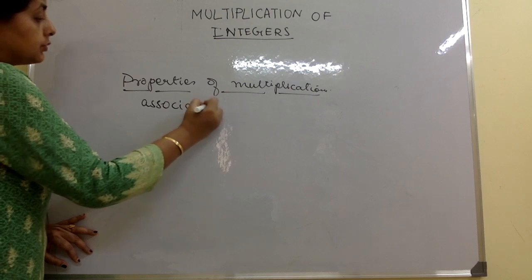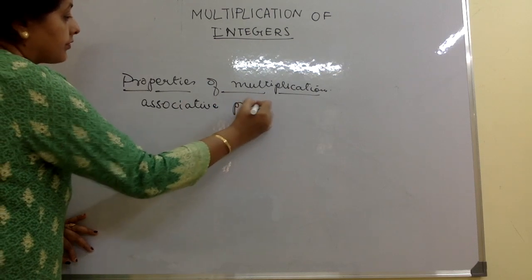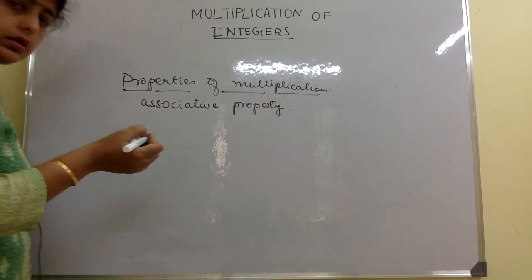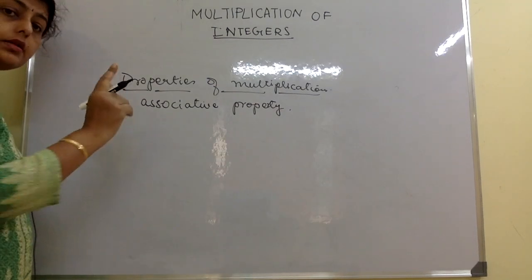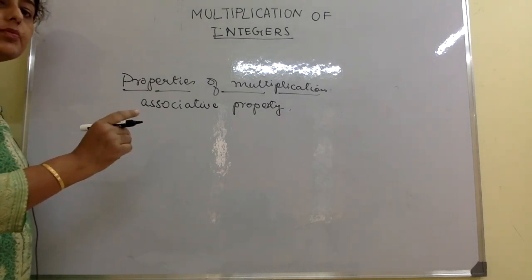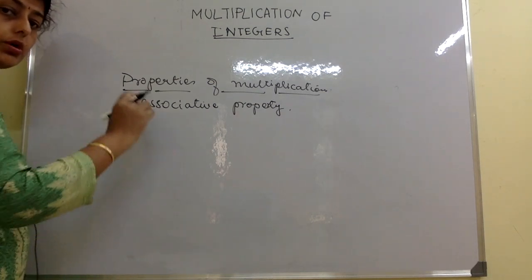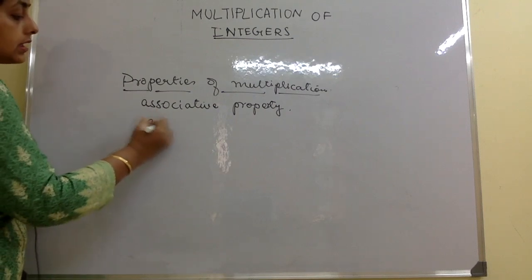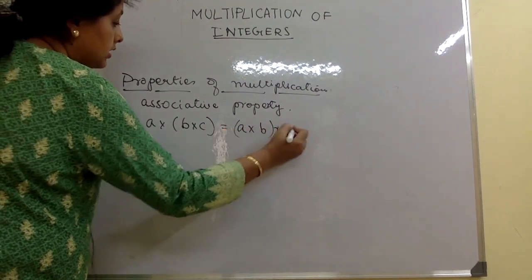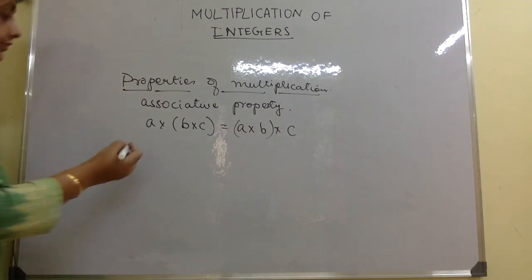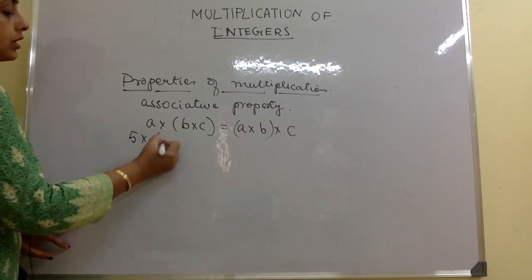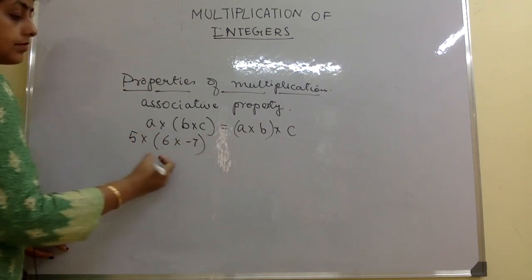Associative property. We had done associative property in addition. Now this is associative property of multiplication. So how do we do it? Here it is (A into B) into C is equal to A into (B into C). Let me take 5 into 6 into minus 7 maybe.